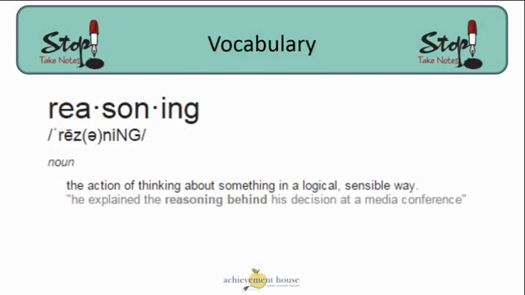So what is reasoning? Well, reasoning is a noun, and it's the action of thinking about something in a logical, sensible way. So we're going to use facts that lead us from one statement to another so that we can reach a logical conclusion that proves a statement that we're talking about.